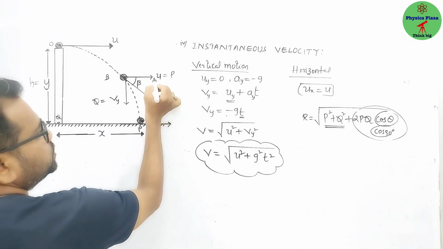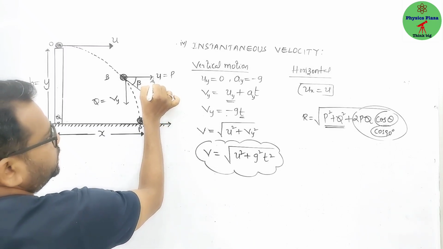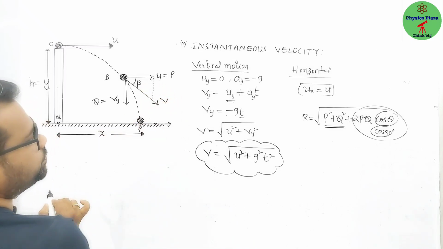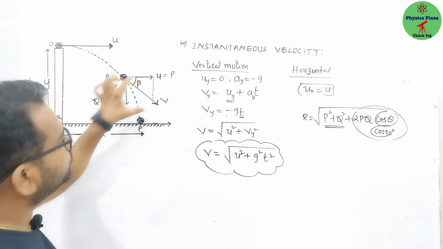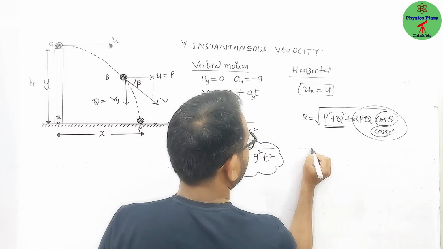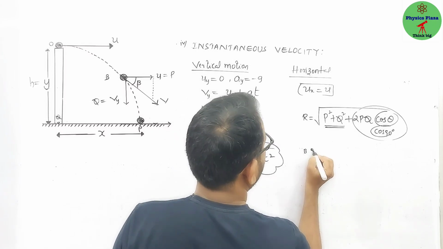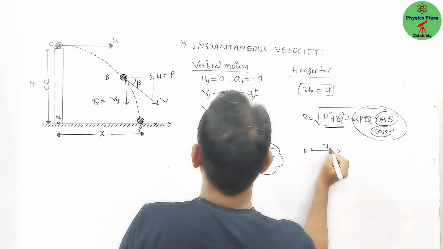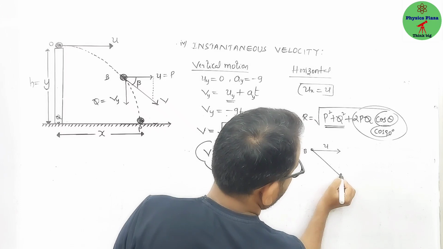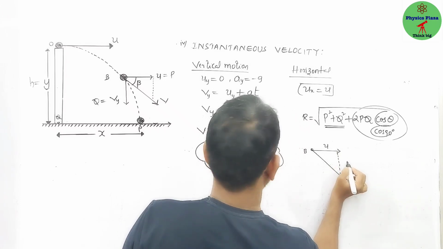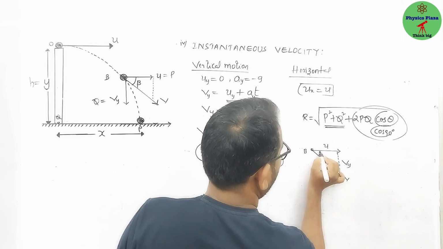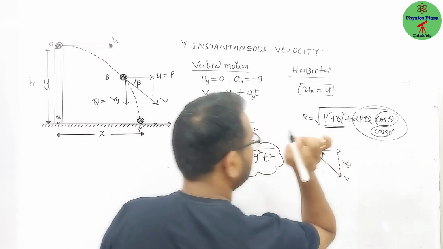Now children, let us complete this as a triangle. Any vector can be shifted parallel to itself, so hence I can write this final diagram like this. Here is point B, this is u, this is the resultant velocity, this is vy, and this is beta.